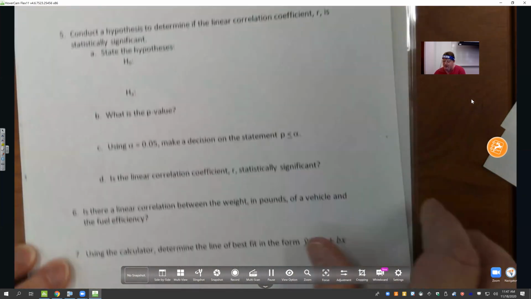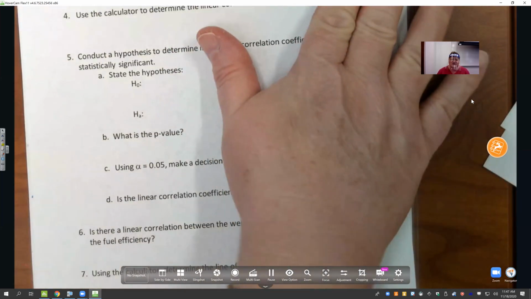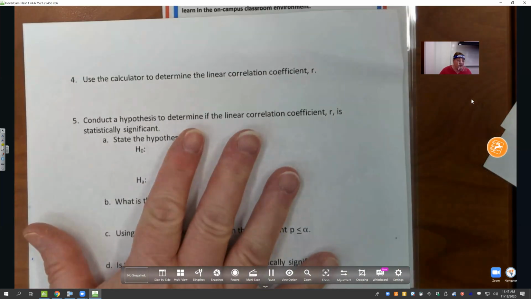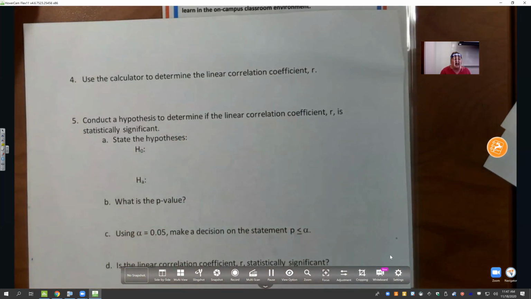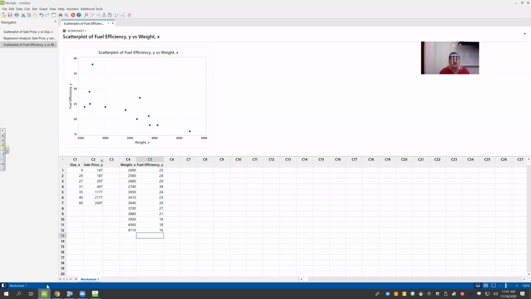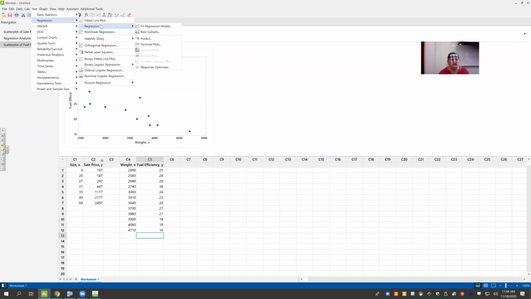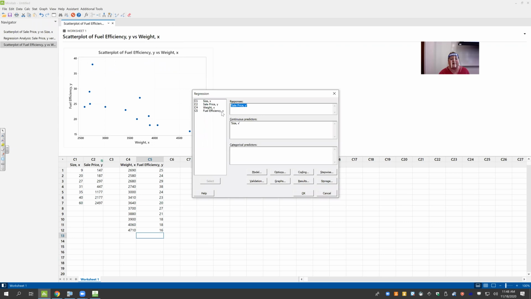So then I have to go out, and initially I have to calculate the R squared so that I can then determine my R. So going back to Minitab, we've already entered the data. Stat, regression, regression, fit regression model. My response this time is the fuel efficiency. The predictor is the weight.